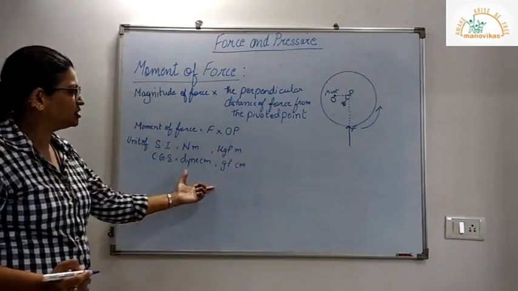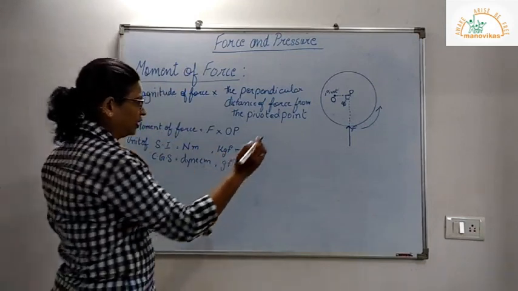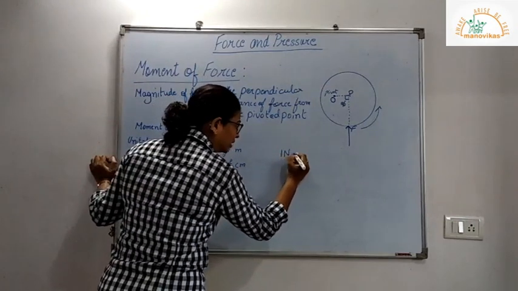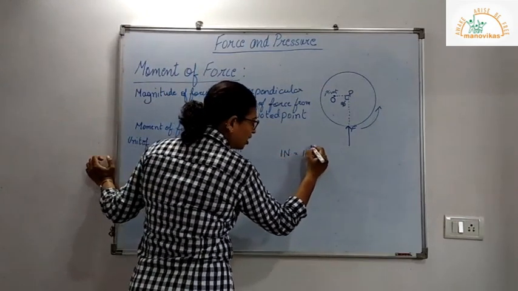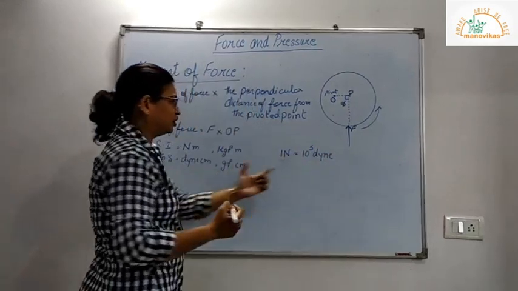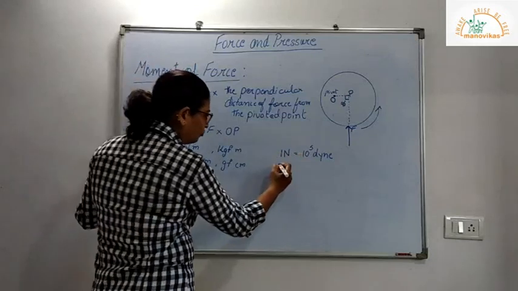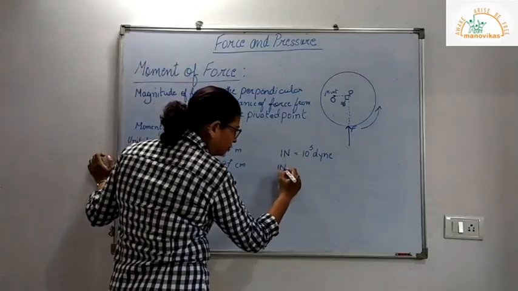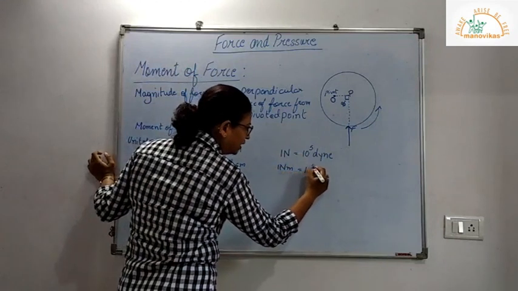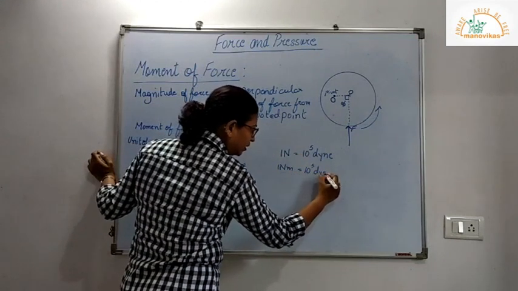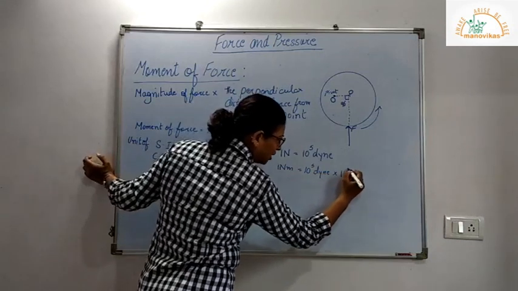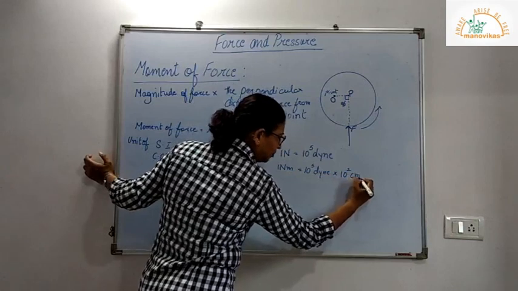Now we will see the relation. We have here 1 Newton is nothing but 10 raised to 5 dynes. So if we take 1 Newton meter, which will be equal to 10 raised to 5 dyne into meter, that is 10 raised to the power 2 centimeter.